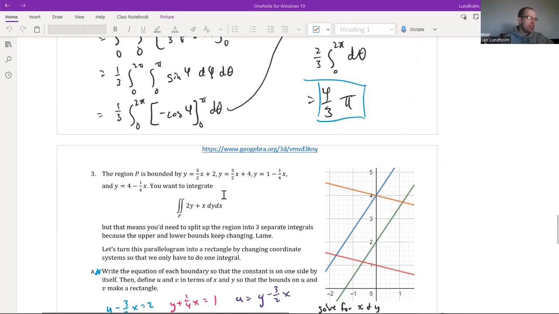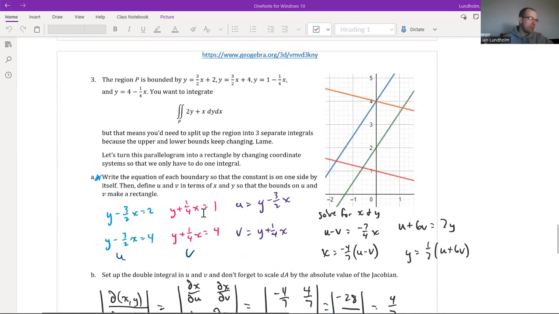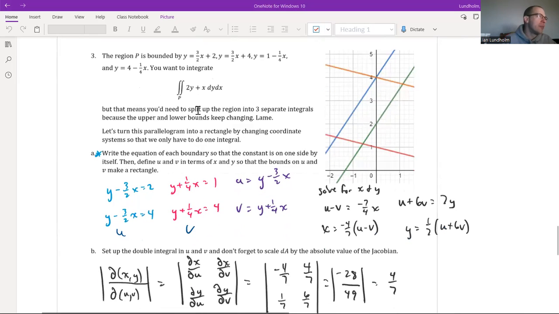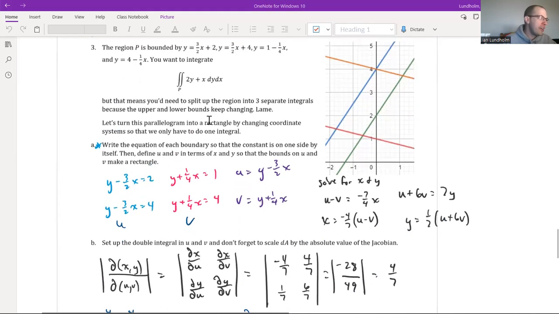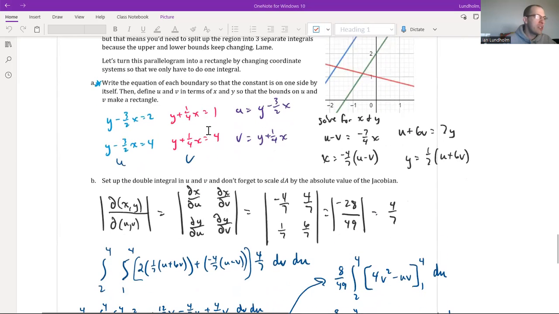And then going back to the original integrand, we didn't really optimize things to make the integrand nice this time. We were looking to make the bounds easier. And so the integrand's going to look a little yucky, but we're just subbing in for 2 times x.